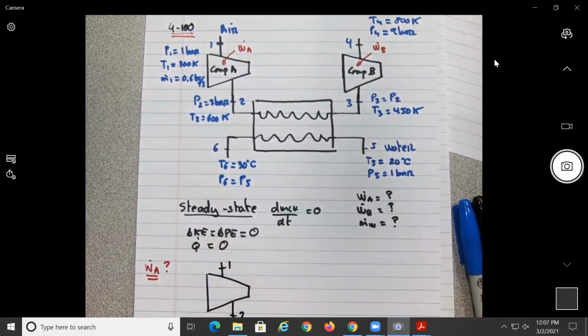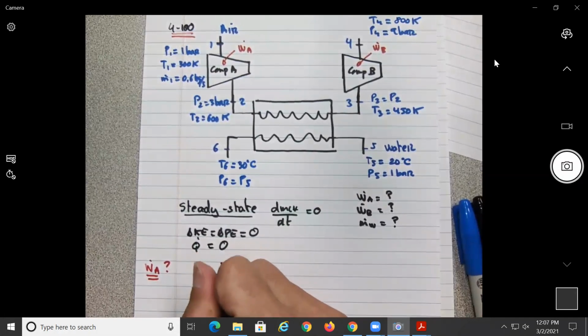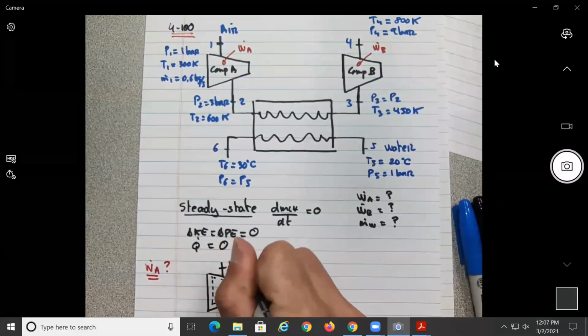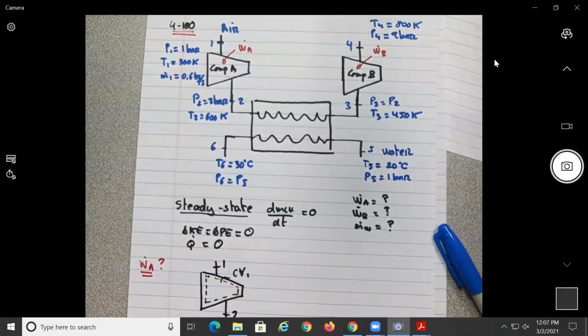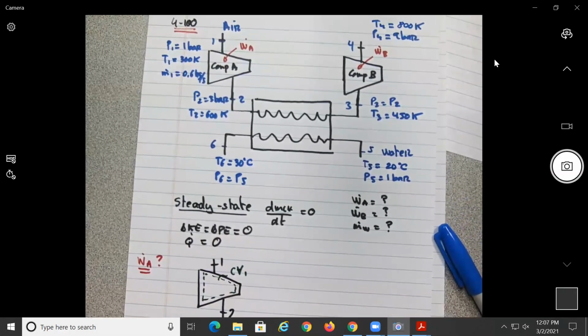Control volume 1 would be your compressor.